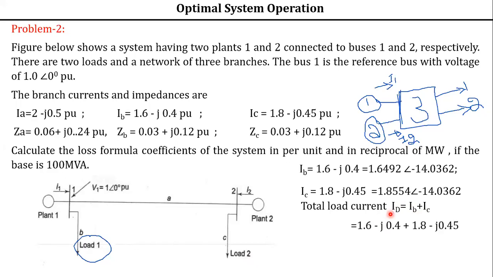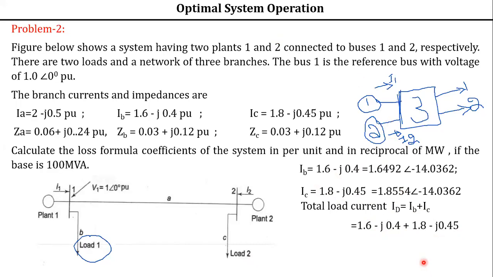So that is equal to, IB is this value 1.6 minus j0.4, plus 1.8 minus j0.45. For addition, the values should be in rectangular form. For multiplication and division, the values must be in polar form. Is it clear? So now add it.